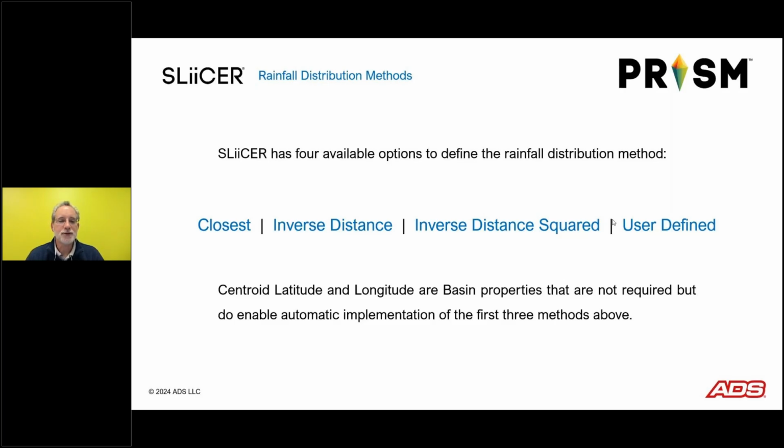But as soon as you provide the centroid latitude and longitude, the closest or the inverse distance or the inverse distance squared can automatically be set. So that is a very convenient feature. I know in the past I've had to do some of these inverse distance squared calculations myself in the spreadsheet. They can be a little time consuming, and this takes care of that for you.